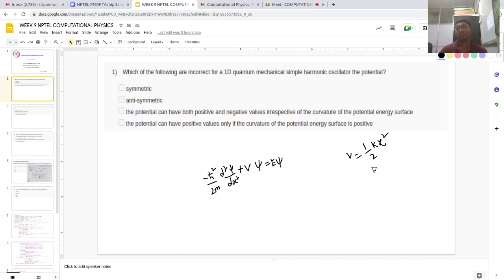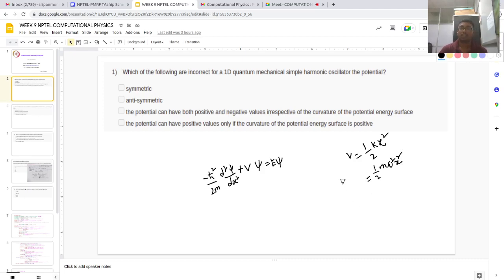This is a well-known potential whenever we are studying classical mechanics, but when we move on to the quantum mechanical part, this k is written as m omega squared, where m is the mass of the particle, omega is the frequency related to the motion of the particle, and x is the coordinate. So V equals half m omega squared x squared.